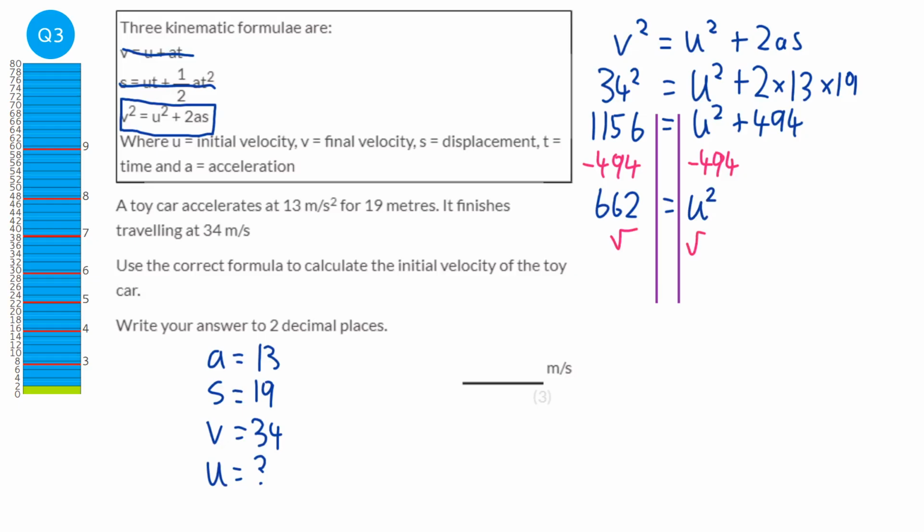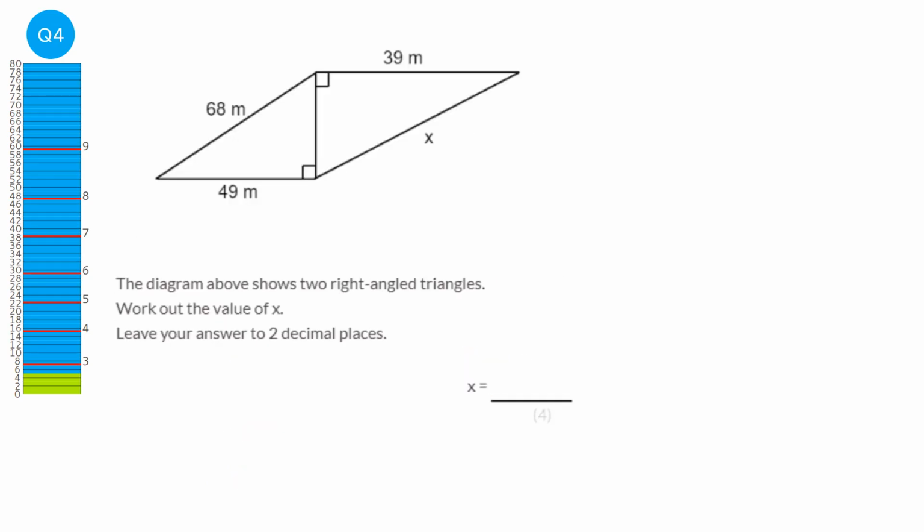And so square root of that is going to be 25.729 and so on. And it says it wants it to 2 decimal places, so it's going to be 25.73.